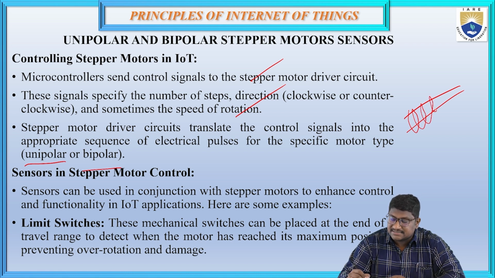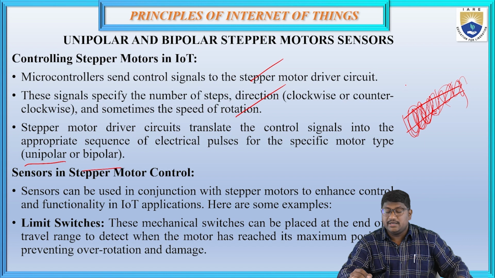If I place a sensor here, it will automatically update you that it reaches the end, so you can prevent damage and stop. Why? Because the unipolar motor travels in only one direction, whereas the bipolar one travels in both directions. It can go like this or it can go like this.